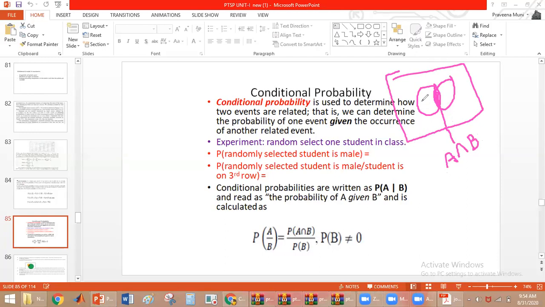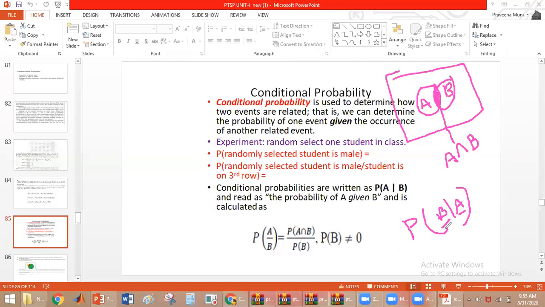Conditional probability is given as P of B given A. It means that event B is occurring, given that event A has already occurred. So then it is called conditional probability.